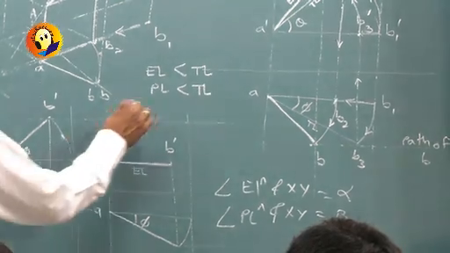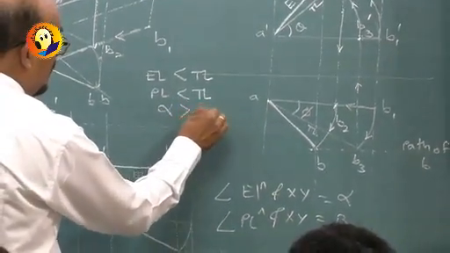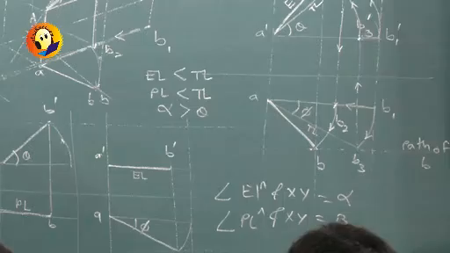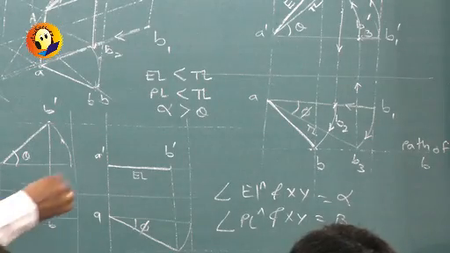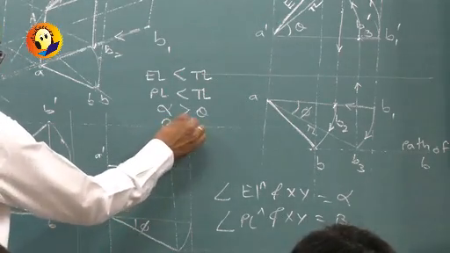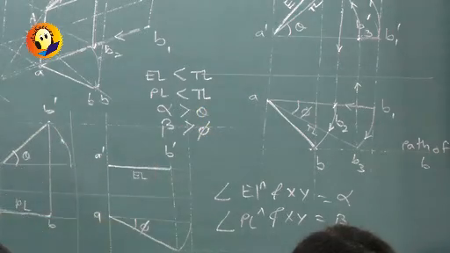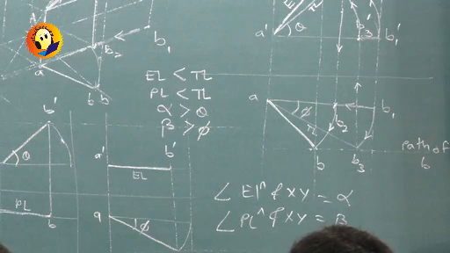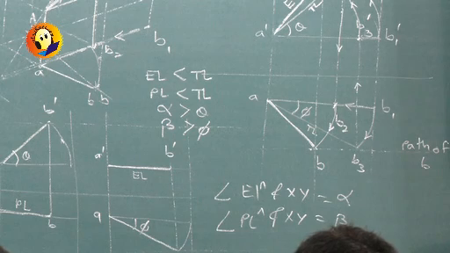We will also find that alpha is always greater than theta. The angle made by the elevation is greater than theta, and the angle made by the plan is greater than phi. And none of the elevation or plan is parallel to xy. So we cannot see true length anywhere. We cannot see the true angles. What we can easily see is the distances of the points from HP and VP. That's it.